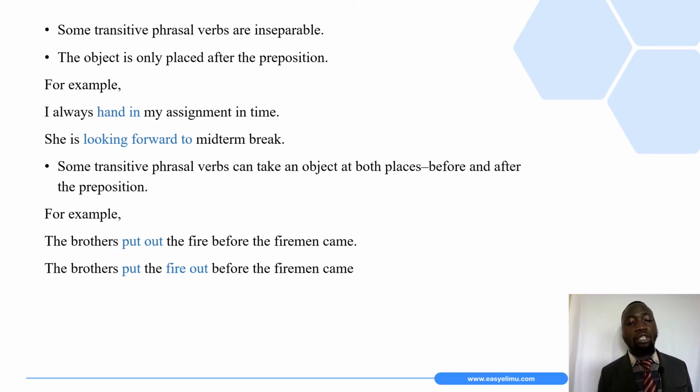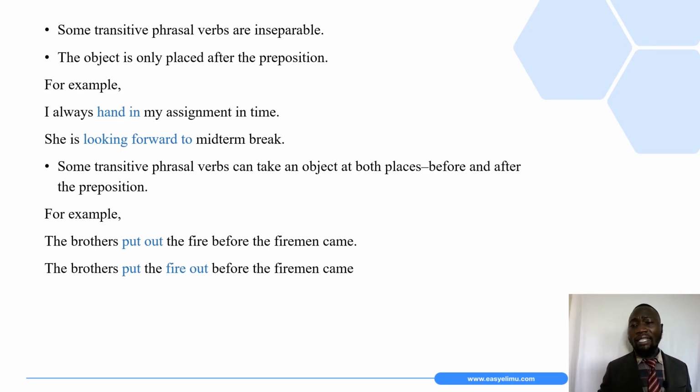In the first one, the preposition out is placed before the object. Looking at the second sentence, the brothers put the fire out before the firemen came, the object is now coming after the preposition.